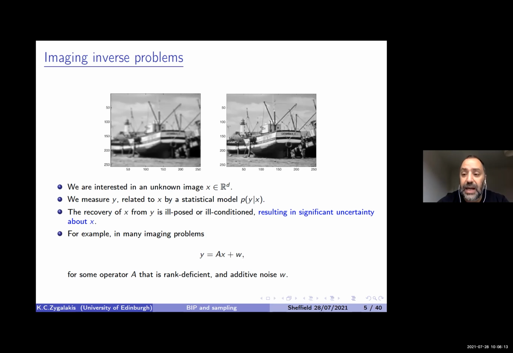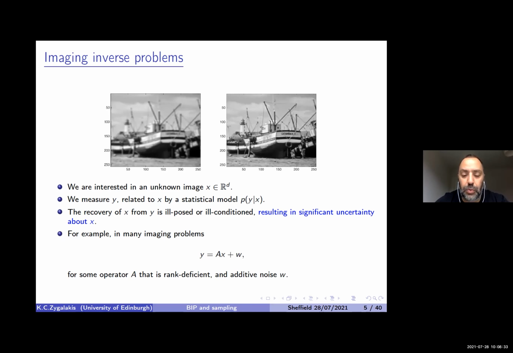These are the data, and they are related to x by a statistical model. So π of y given x is the probability of getting your data y, assuming that your true image was x. The problem here is two-fold.